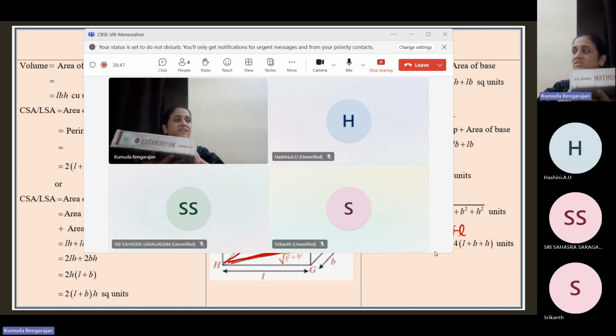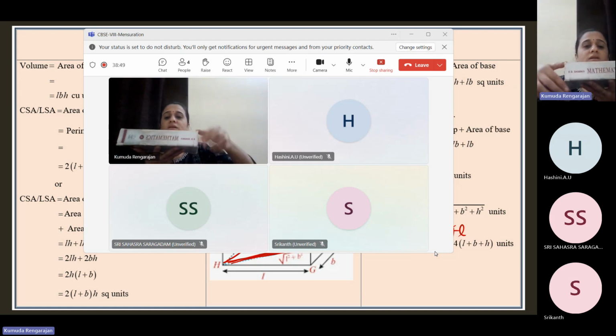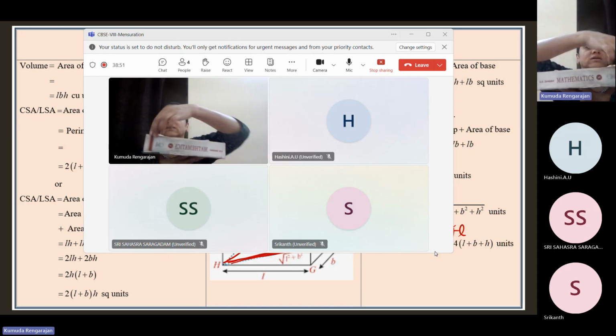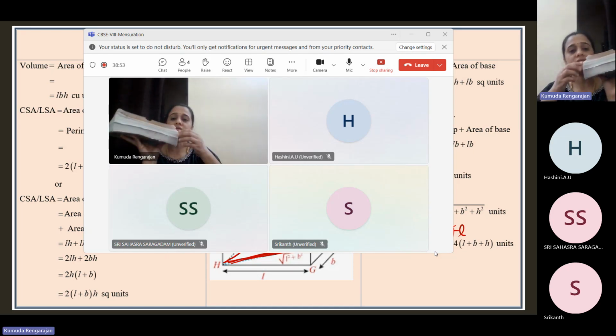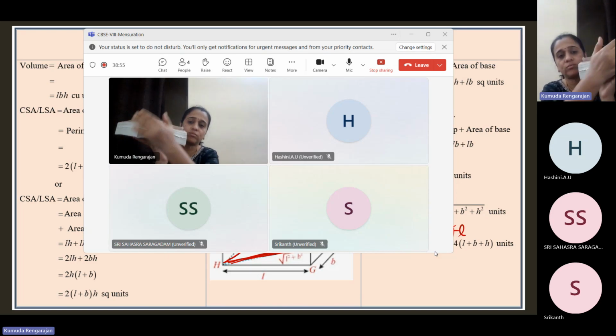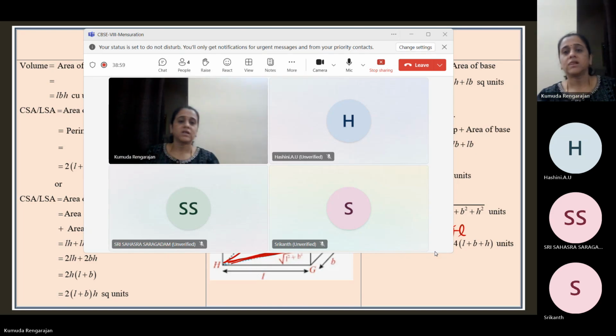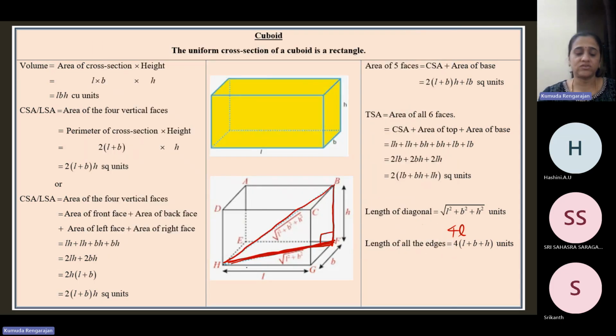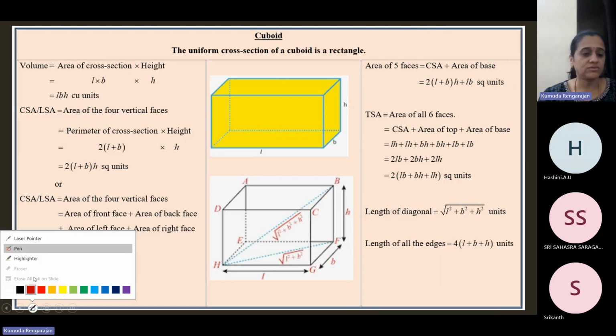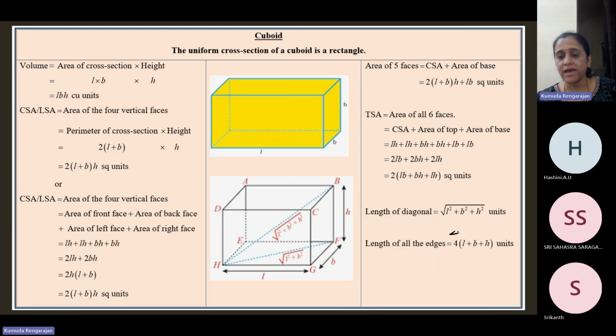Then how many edges along the height? 1, 2, 3 and 4. So the length of all the edges of a cuboid is 4L plus 4B plus 4H.